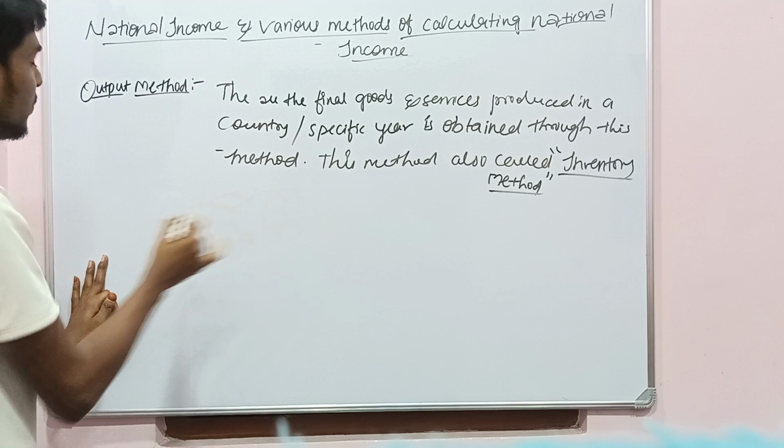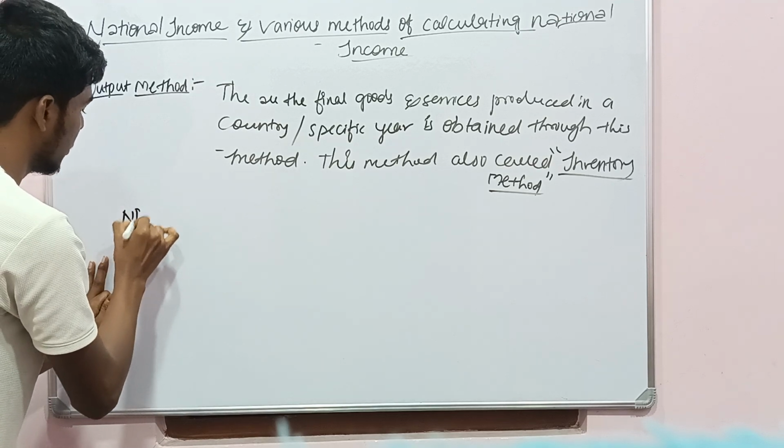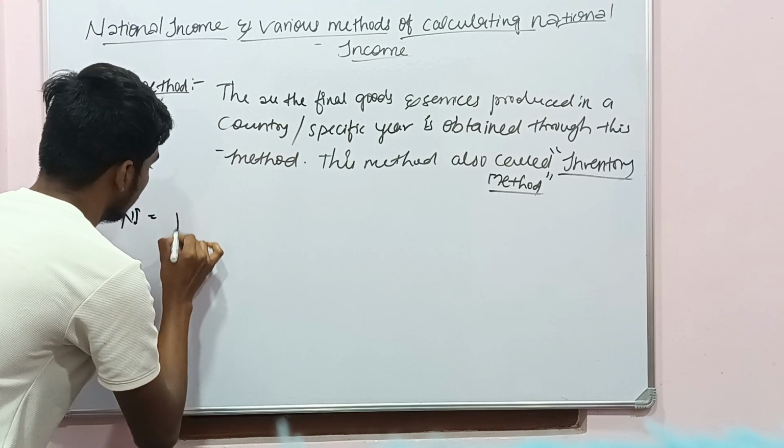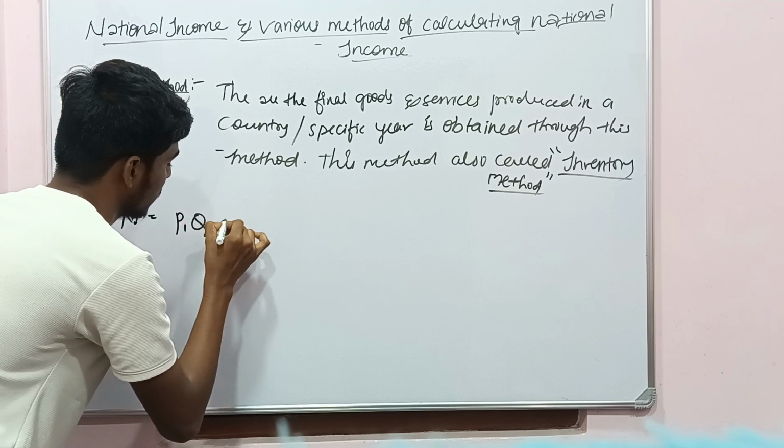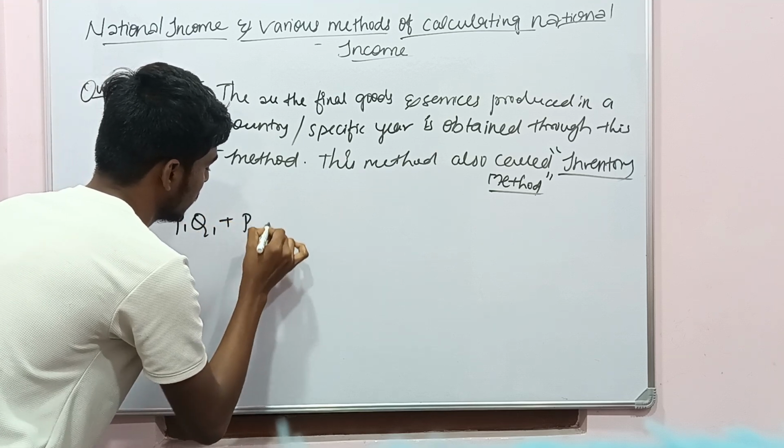We can see with the help of the formula: national income equals P1 Q1 plus P2 Q2 and so on.